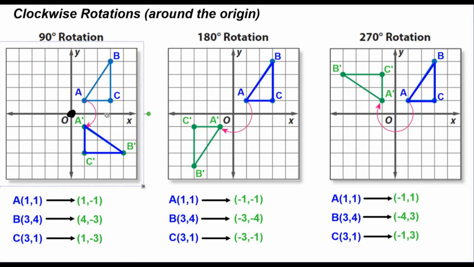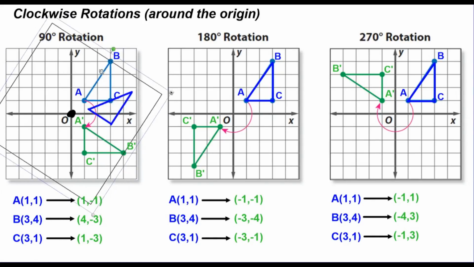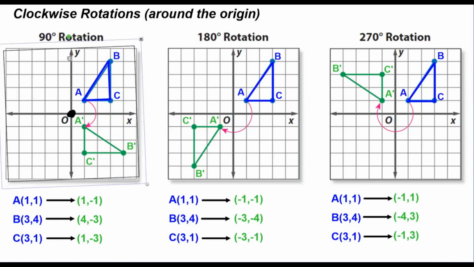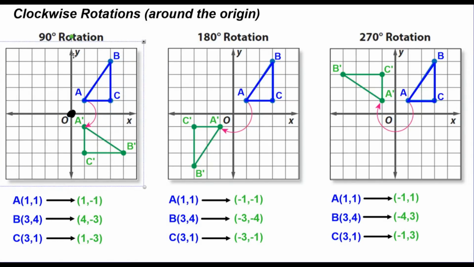So I have the new coordinates of the image plotted below. So what happens to our ordered pairs when we rotate something 90 degrees clockwise? You can see we started with point A at 1, 1, and it rotated to the point 1, negative 1.